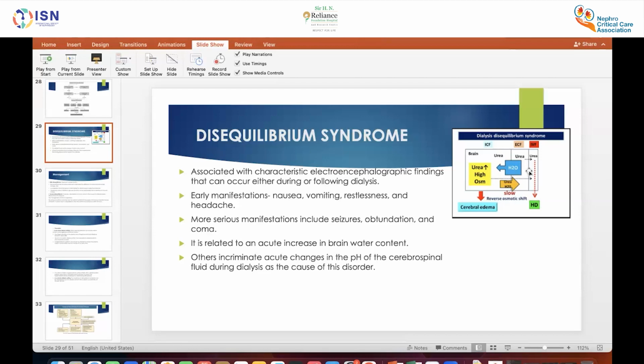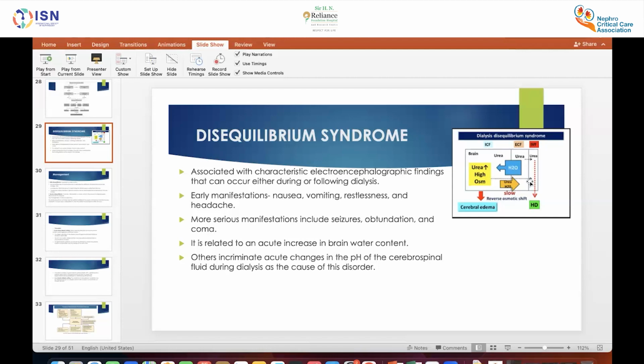So when you are doing dialysis in a rapid session, you are reducing the urea in the intravascular compartment, and that is much higher than what the urea rebound happens. Like you said, urea should now come from the intracellular compartment to equilibrate with the intravascular compartment.